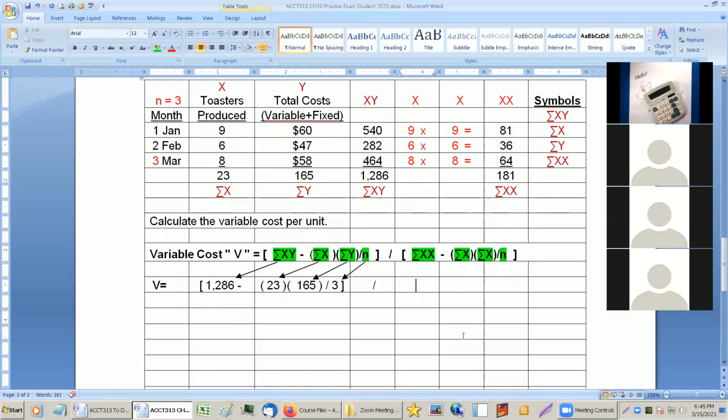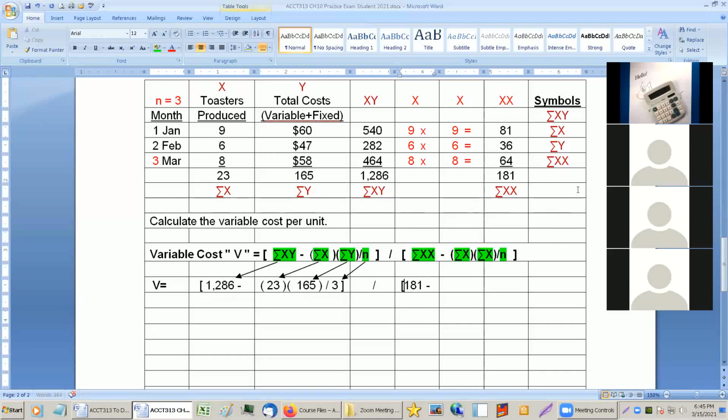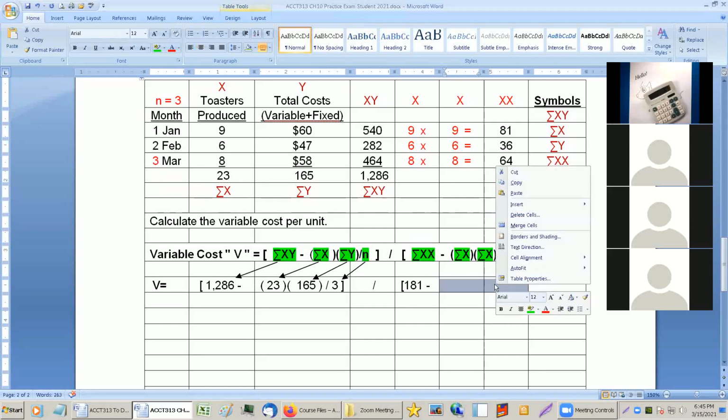Okay, so this is the summation of x times x, which is 181. I probably have to do some spacing here. I wonder if I can combine these. Merge.